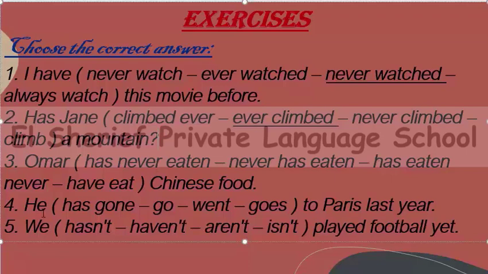So this is number 1, I can't use it. Okay, number 2. We said that never comes after have and has and before the main verb. So here I will choose has never eaten. So Omar has never eaten Chinese food.